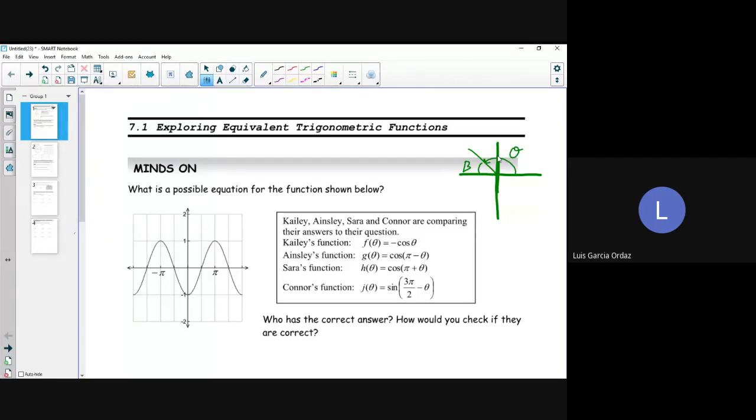So we would always pick the angle that's closest to the x-axis, but with this unit, let's say this is our theta over here. We're going to be focusing on this acute angle right there. Did we learn that last year? No. We just learned about this one last unit, the related acute angle.